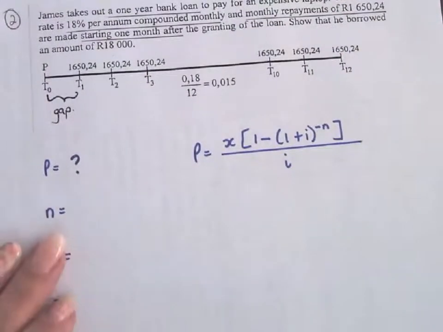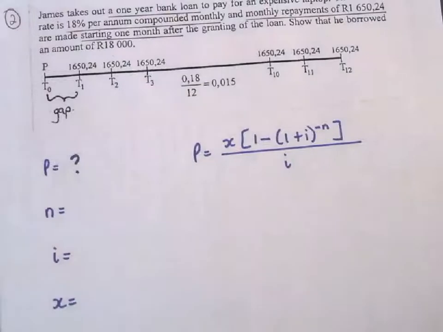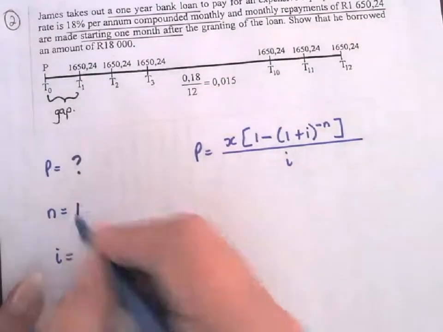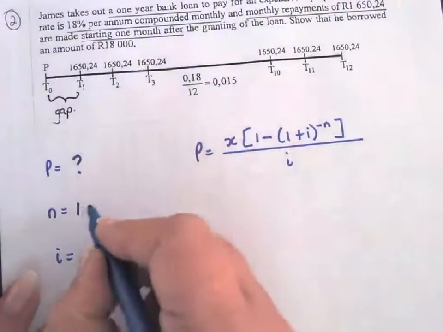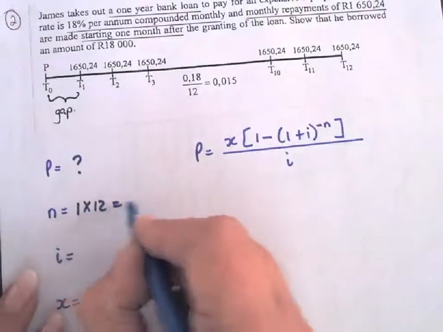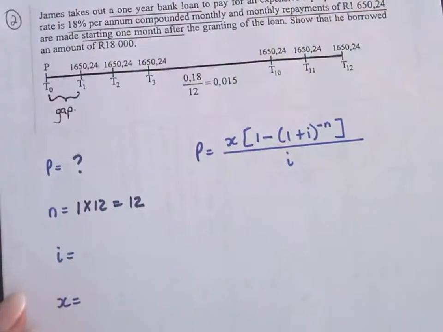What is N? The number of payments. And how many payments are there? 12. It's 1 year, and it's monthly, so it's times 12. So there are 12 payments.